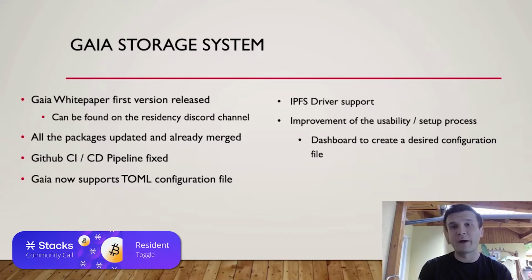Special thanks to Alejandro for helping us in that regard. Also, Gaia now supports TOML as a file format for the configuration. JSON still works, so it's still backwards compatible, so don't worry, you will break nothing if you update.